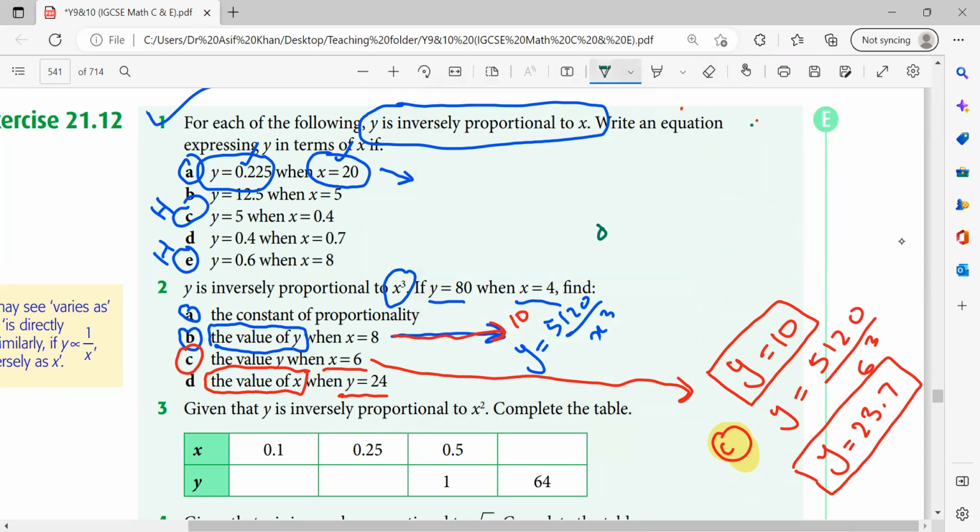So for part D, the equation was y is equal to 5120 over x cube. That was the expression. So in place of y, I will write 24 is equal to 5120 divided by x cube. Now, first of all, x cube will cross multiply with this 24. It will become x cube is equal to 5120 divided by 24.